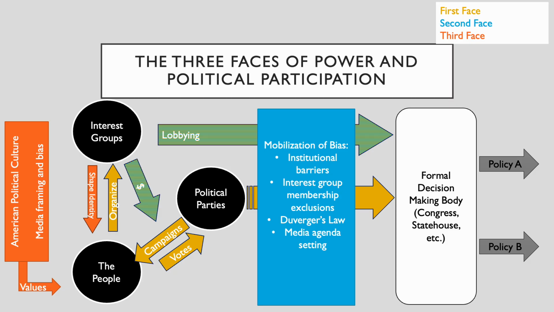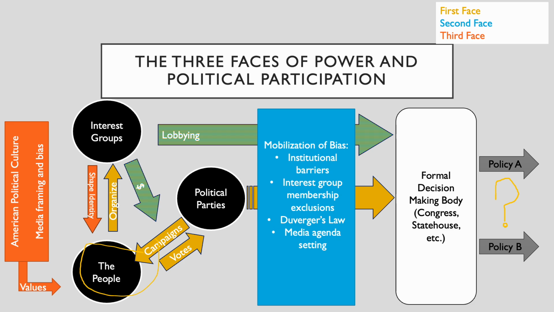So if we assume that power comes from the people, like we're all good small r Republicans, we're looking at the ways in which their influence on the policy-making process is mediated. How do we get from the people to policy A versus policy B? How do we draw these connections? It's mediated through these linkage institutions. People might be mobilizing money and votes to influence who gets elected to the decision-making body.